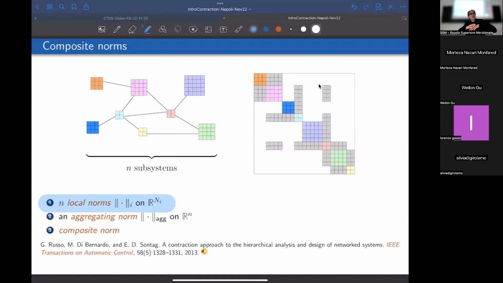Then, in order to define a norm over the entire space, you need an aggregating norm we discussed last Friday, which is to say a way of aggregating n individual errors into a single global error, possibly just a sum. If you do the sum of errors, that is the L1 norm. Maybe the square root of the sum of the squares, that's the L2 norm. Maybe the worst case error, well, that's the infinity norm, right? Or other combinations.